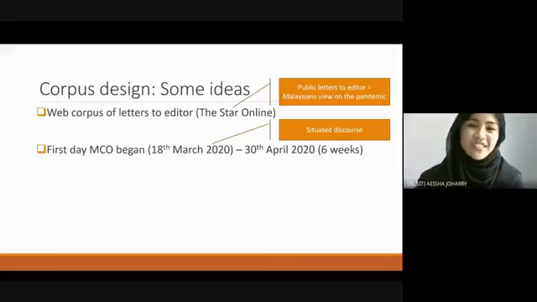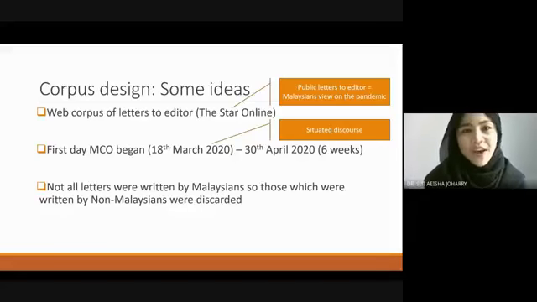Now, what was interesting in the Star Online opinion section is that not all letters were written by Malaysians. We didn't know that. Other people could have written in to the editor who were not Malaysian, or were residing in Malaysia but not necessarily Malaysian.